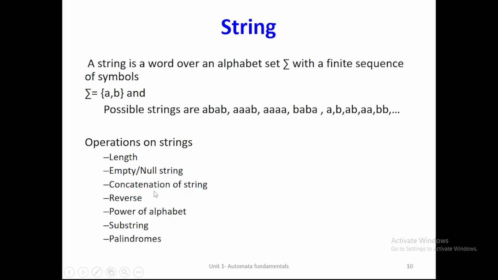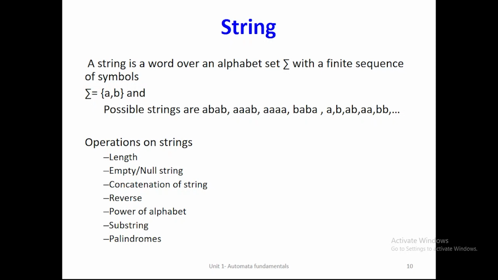We can concatenate or append two strings, which is called concatenation. One string can also be reversed by the operation called reverse. Power of alphabet means the maximum number of possible ways of writing strings of any length. Substring means finding the possible intermediate strings within a particular string. And the last operation is palindrome.